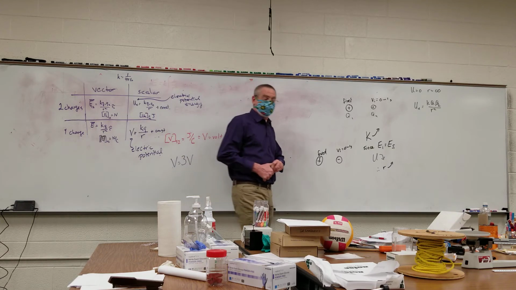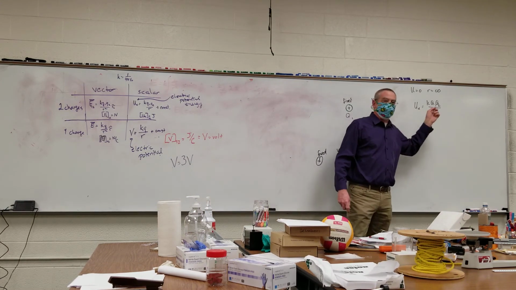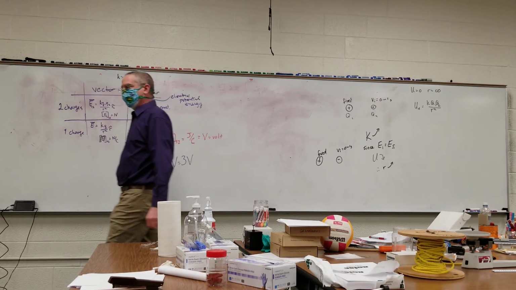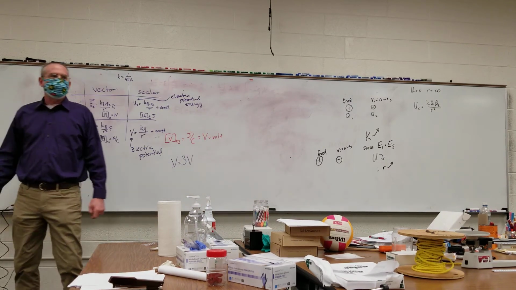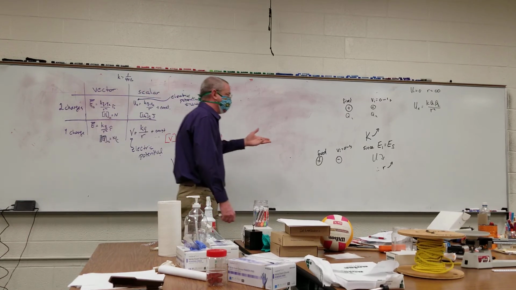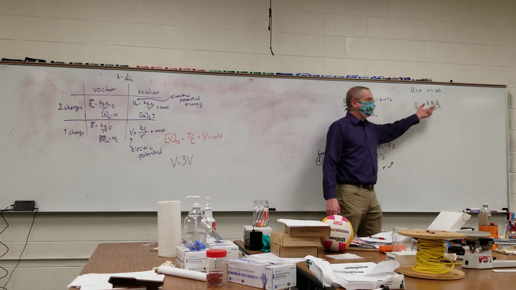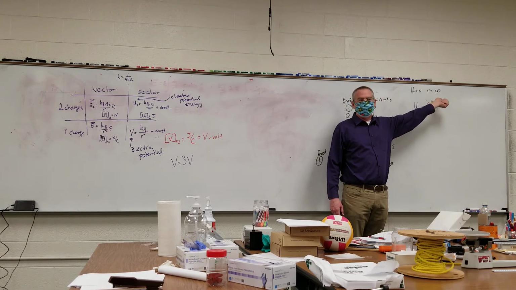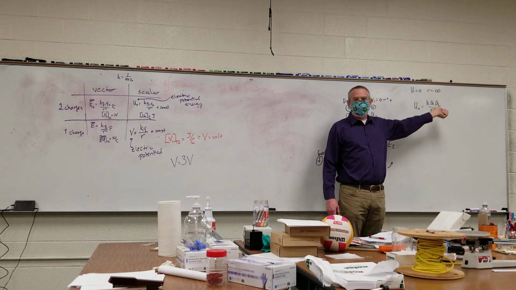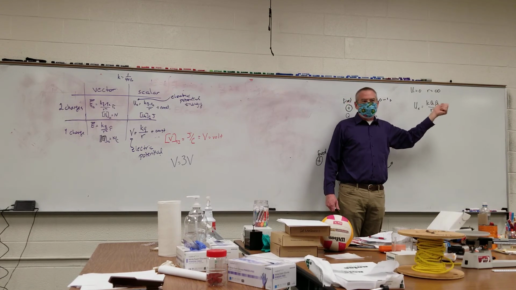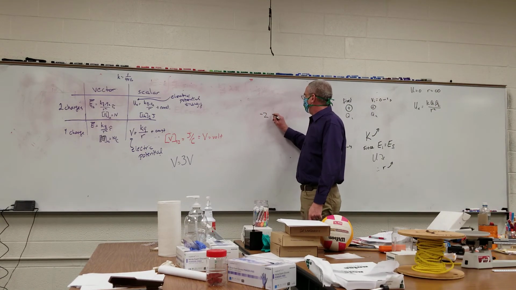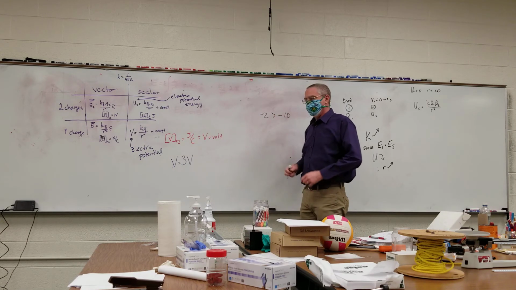Ultimately it comes down to: when does a smaller denominator mean a smaller number? When the fraction is negative. Yes, which is what we're dealing with here. They're opposite charges. I don't care which one's Q1 or Q2, I know they're opposite charges, so this is a negative fraction. So as R gets smaller, we get a smaller potential. -2 is greater than -10.